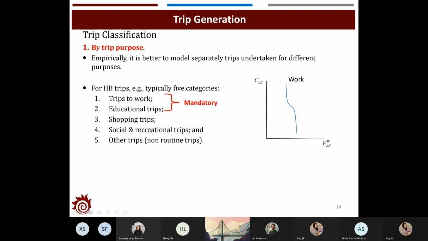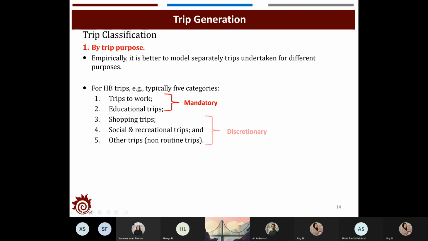If we make a comparison about the relationship between the cost and the volume, you can see that for the mandatory trip, it's not sensitive. The volume is not sensitive to the cost.